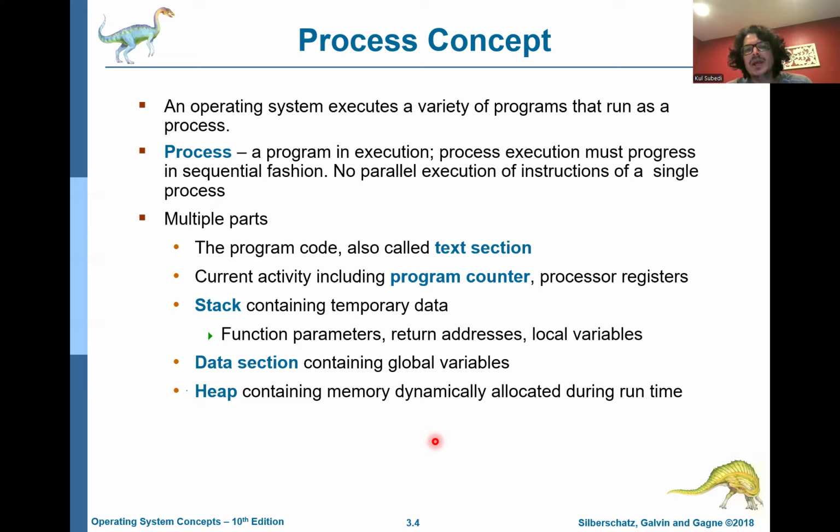Then we have a data section, which holds global information, global variables. And also it has a heap section. It's reserved for dynamic allocation; when programs run during an execution, they may need more resources. That's what dynamic allocation is.